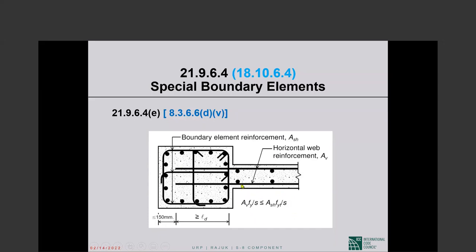Okay, here A sub b is the total cross-sectional area of the shear reinforcement, f sub y is the yield strength of the shear reinforcement, s is the spacing of the shear reinforcement, A sub sh is the total cross-sectional area of the confining reinforcement, f sub yt is the yield strength of the confining reinforcement, s is the spacing of the confining reinforcement. Okay, if you have sufficient length and that, then we are allowed termination of straight bars in the boundary element. Even then, you are asked to bring the bars within 6 inches of the end of the shear wall.